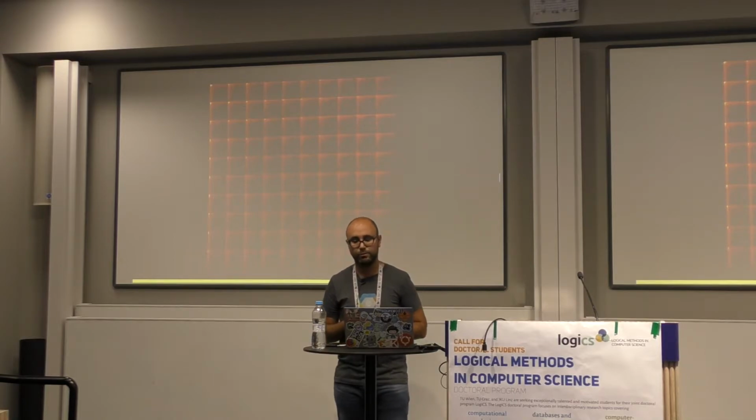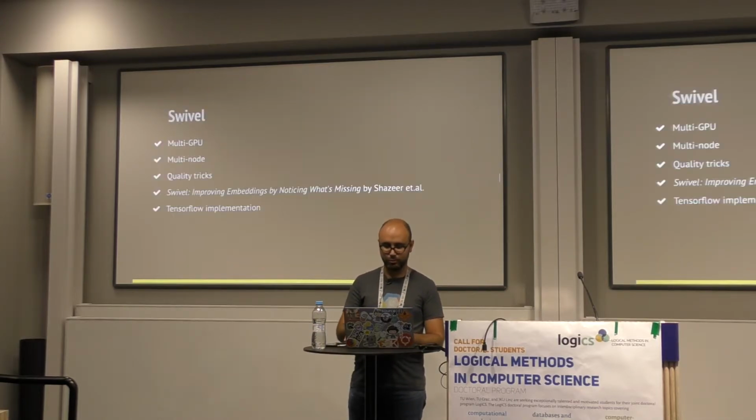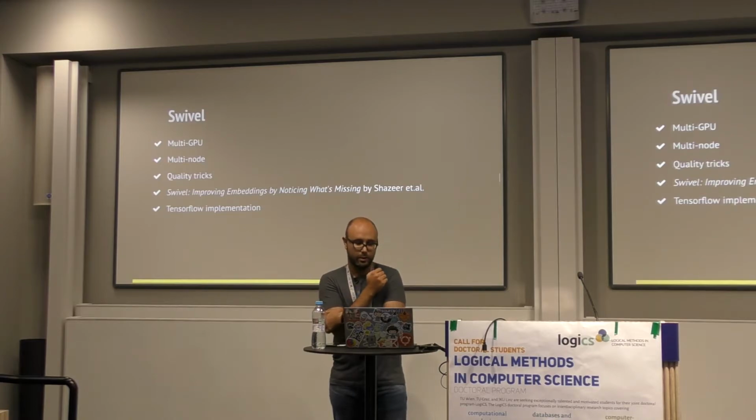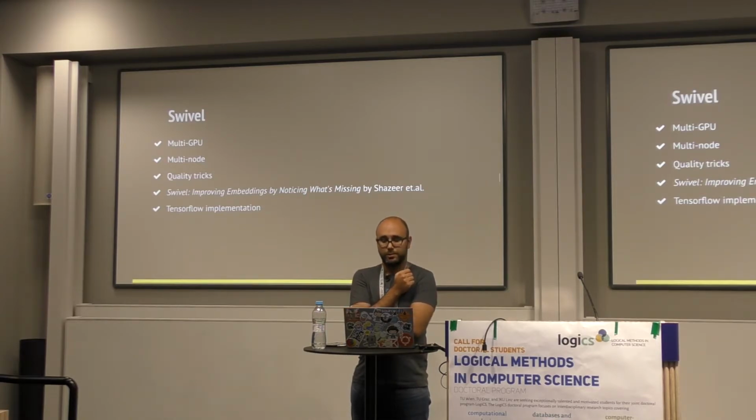It's the way Swivel works. Swivel is a way to embed an explicit matrix from Google Research. There is a paper about it. It scales really well, and yep, we used it to generate the embeddings.